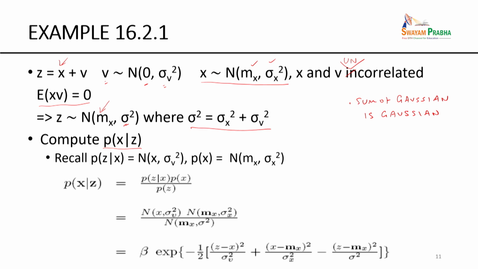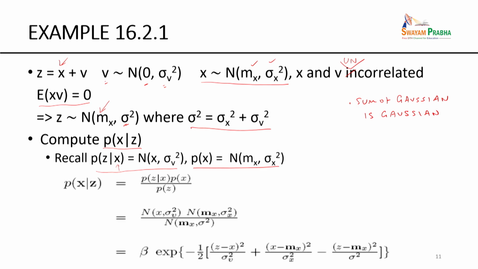Now, p of x is normal with mean mx and variance sigma square x. Given x, if you condition on x, p of z given x is normal with mean x and variance sigma square v. If x is given, I know there is no randomness associated with it.